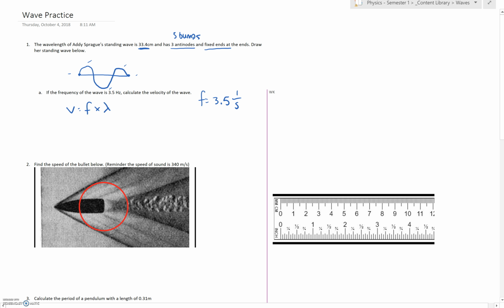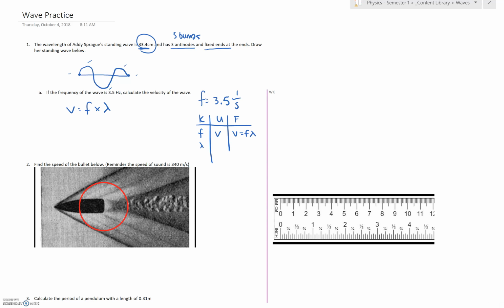Using the known, unknown, and formulas table that I taught you, we know the frequency because it was given in the problem. We also know the wavelength from part 1. We don't know the velocity or speed, but we have a formula that relates all of those quantities. So that's where I got the formula that I put down here.